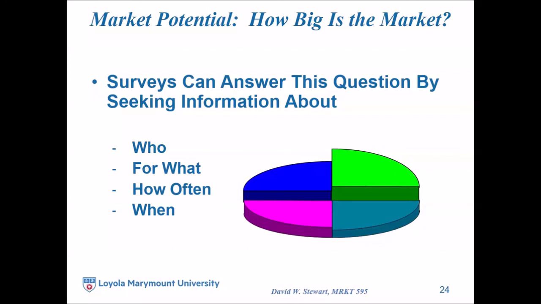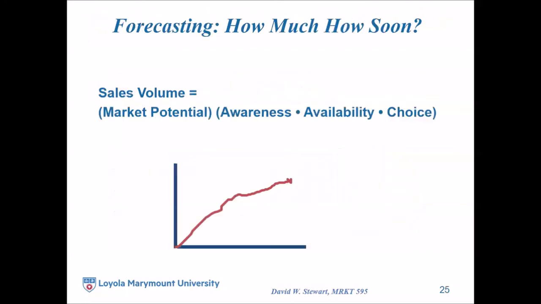But I might discover something in a survey about how they're used, how often they're used, when they're used, put that together with the number of babies of a particular age, and I've got a pretty good sense of how many diapers I'm going to sell in the total market.